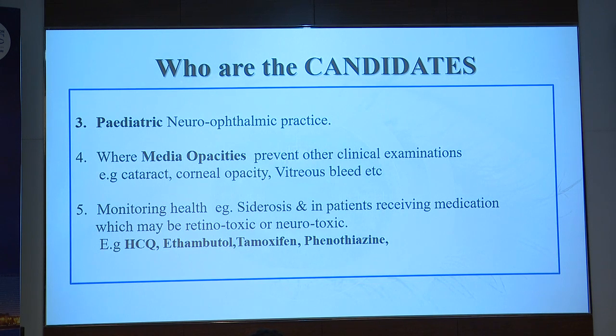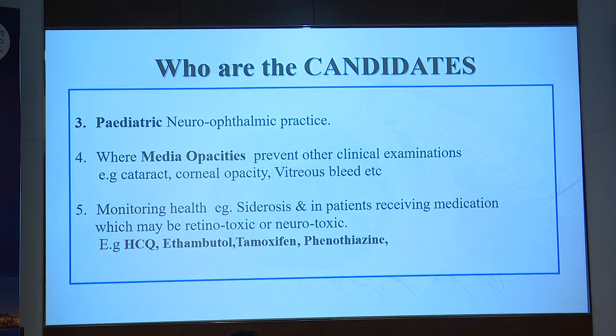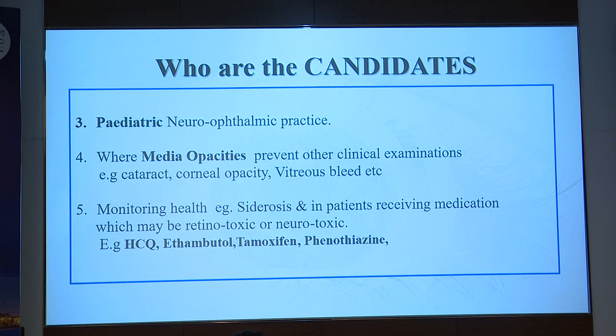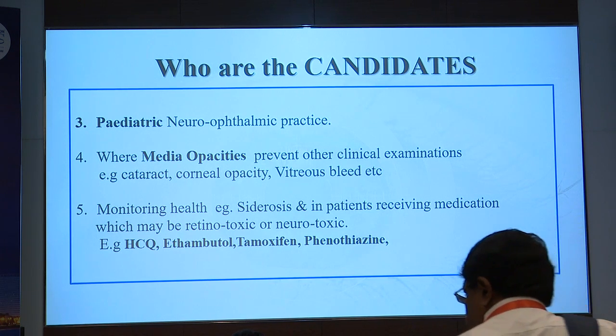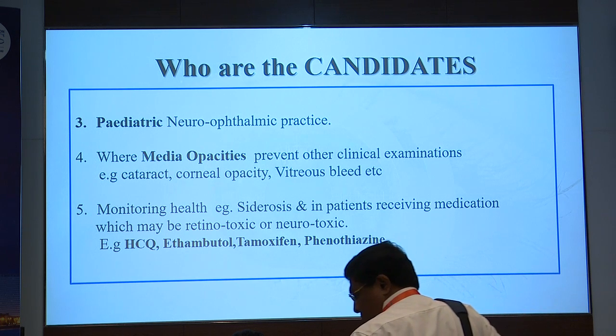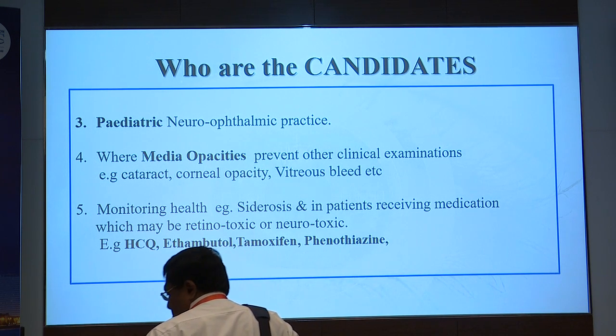In pediatric neuro-ophthalmic practice, it's very important, where media opacities prevent other clinical examinations, like cataract, corneal opacity, and vitreous bleed. These tests are of immense help. And when the patients are on certain drugs like HCQ, ethambutol, tamoxifen, and phenothiazine, it monitors the health of the eye.